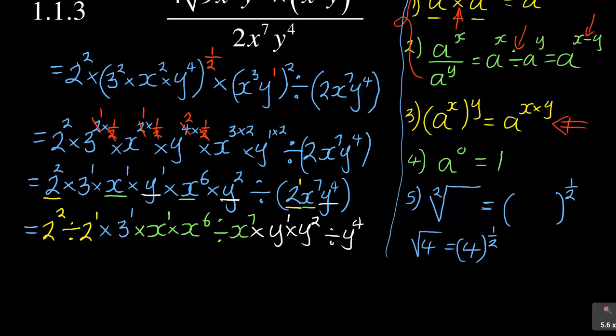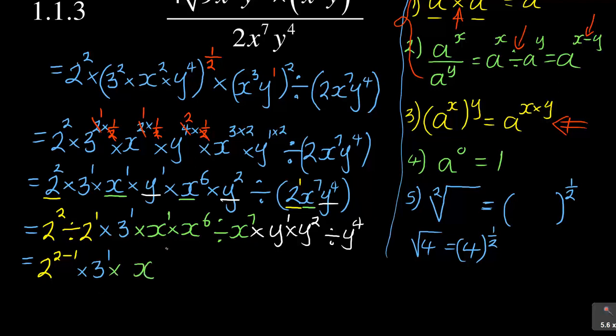You focus on the same base, and you're going to have, focus on the first one, it's 2. Now the division sign means you say 2 minus 1, and then it's times 3 to the power of 1, and then it's times our x.